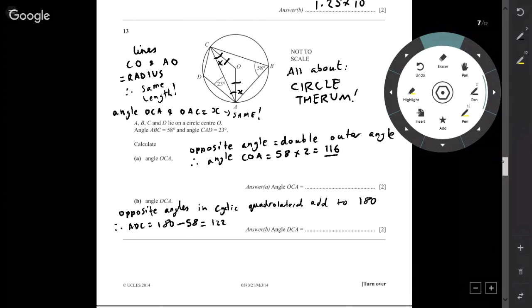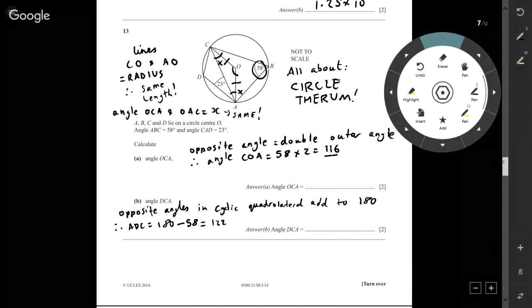So, part A is calculate angle OCA. That is one of these here. One of the rules in circle theorem is that the angle at the center is double the outer angle. So the outer angle is 58, which means that this angle is double 58, which is 116.